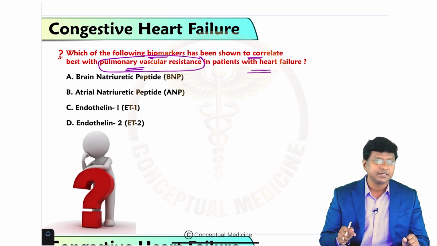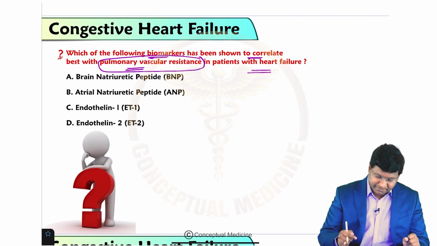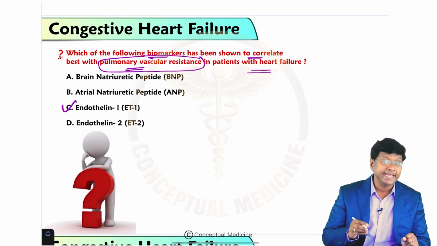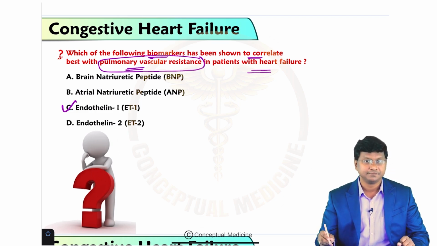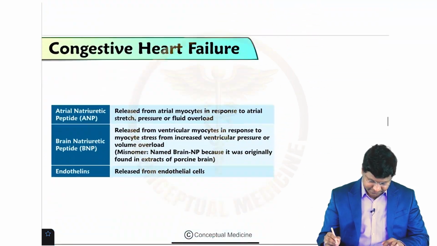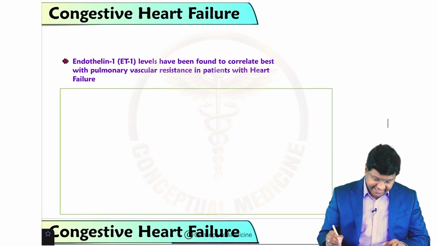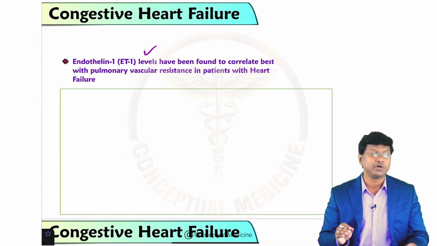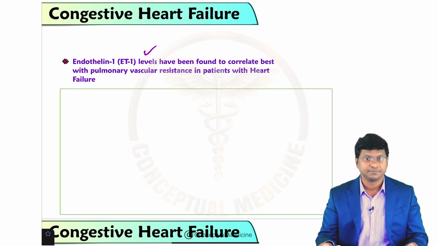The biomarker which correlates best with the pulmonary vascular resistance in patients with heart failure will be endothelin 1. Endothelin 1 levels have been found to correlate best with pulmonary vascular resistance in patients with heart failure.